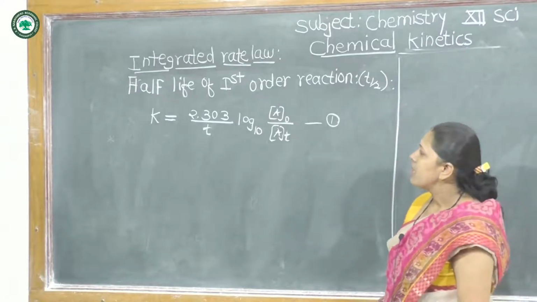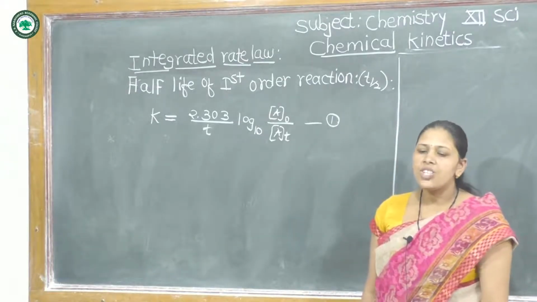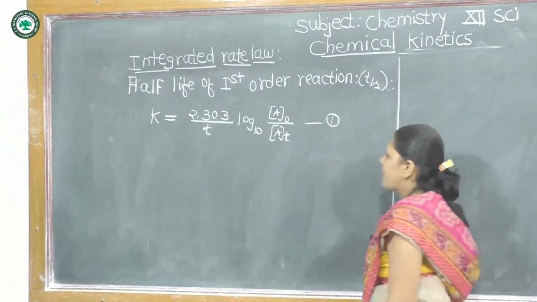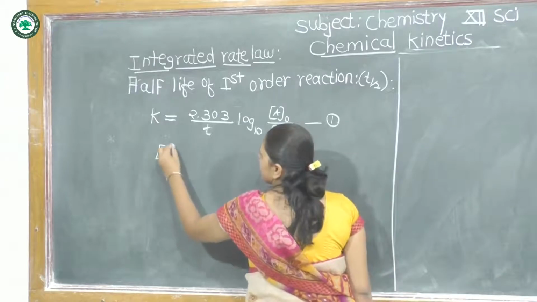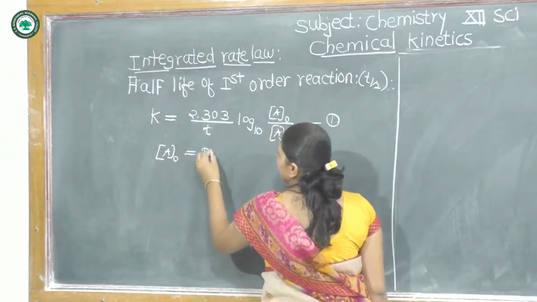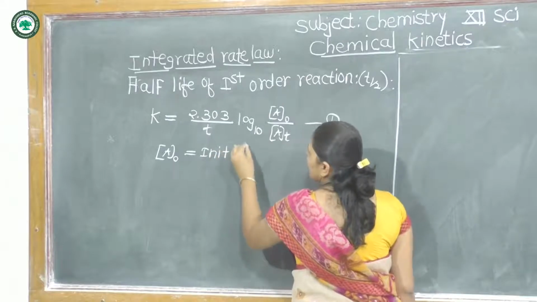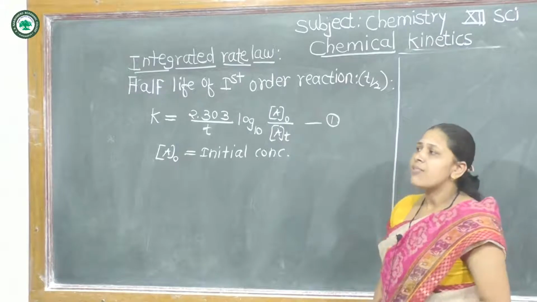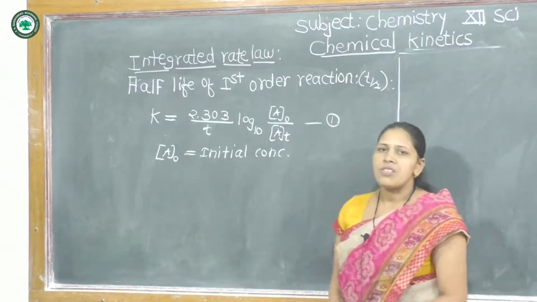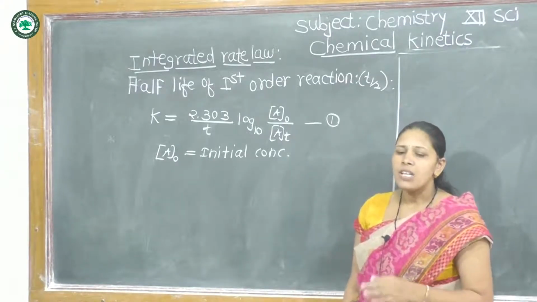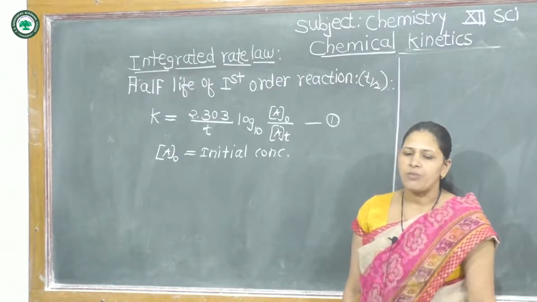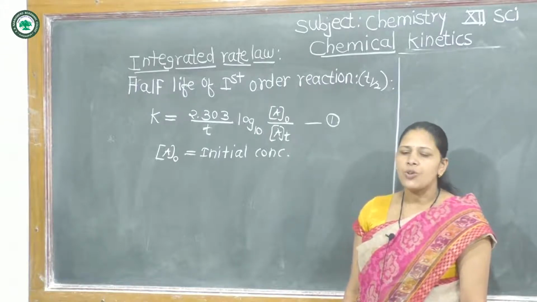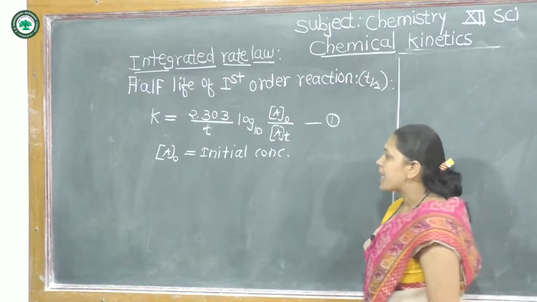Here A0 is the initial concentration of reactant at time t is equal to 0. Then the time required for this initial concentration to decrease to 1/2 of its initial value, that is, the time required for A0 to become A0 by 2.